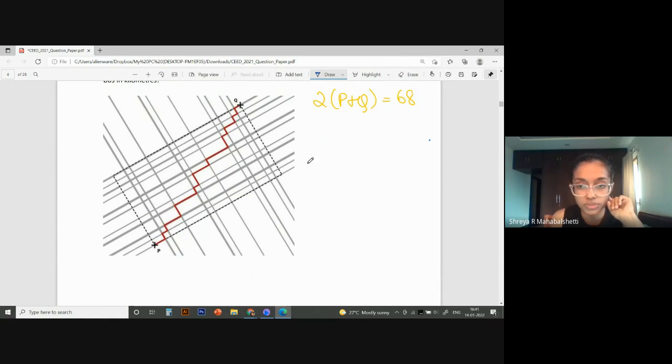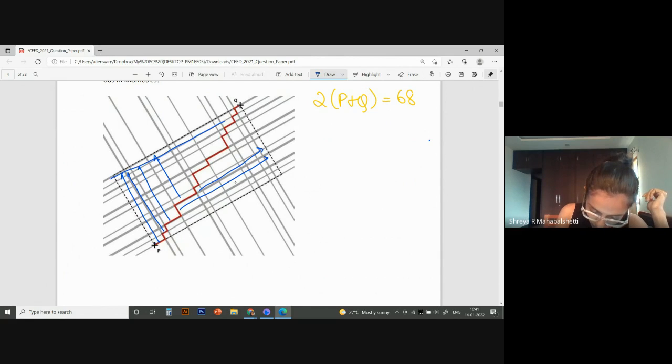Now we know that the perimeter is 68. There's no way on earth they have given measurements of any of this. What I did was, every single horizontal line can be aligned to this and every single vertical line can be aligned to this, which means it forms a line like that. What is a perimeter?